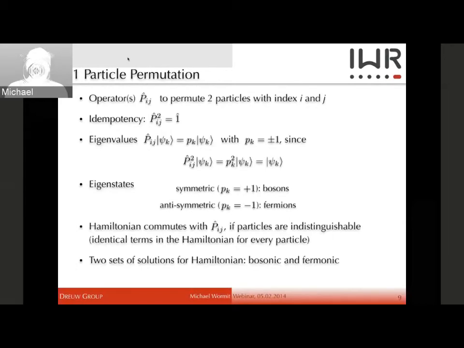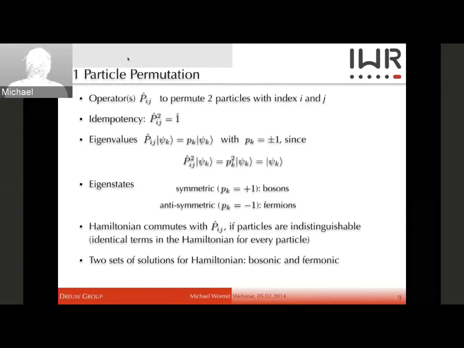The eigenstates are then the bosonic state or the fermionic state. If the eigenvalue of Pij is 1, then you have bosons, a many-particle function of bosons. If it's minus 1, then the eigenstate is antisymmetric with respect to particle exchange, and then it's fermions.